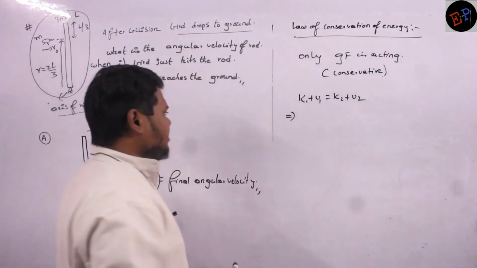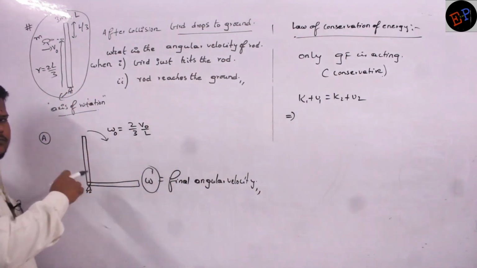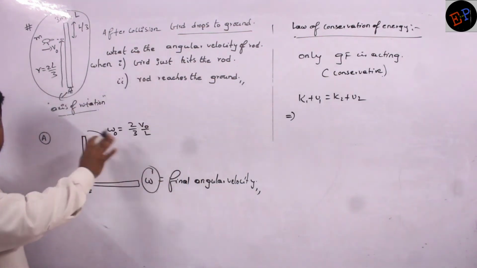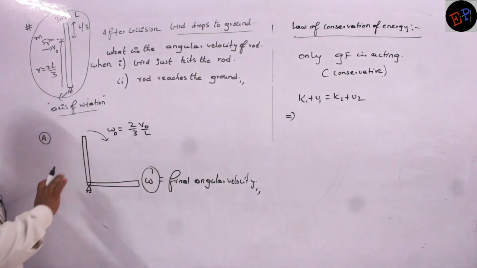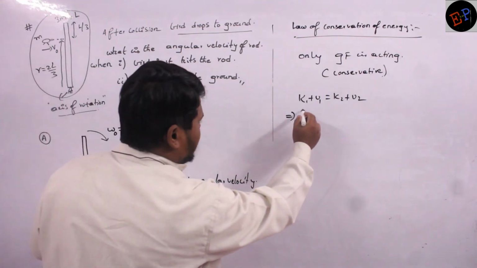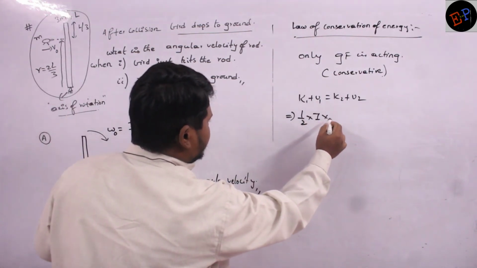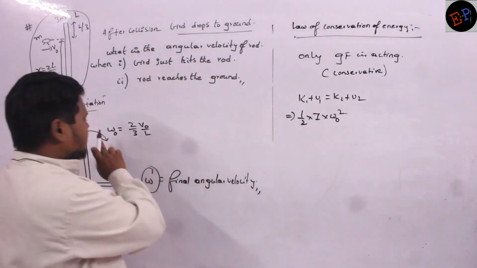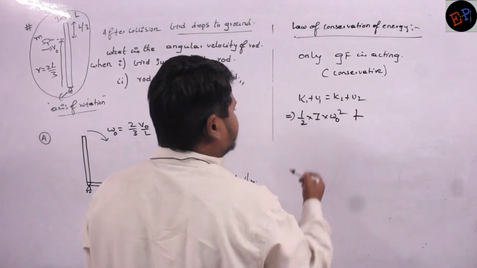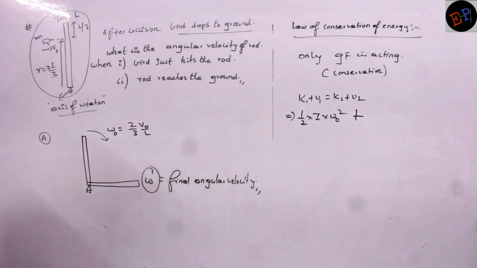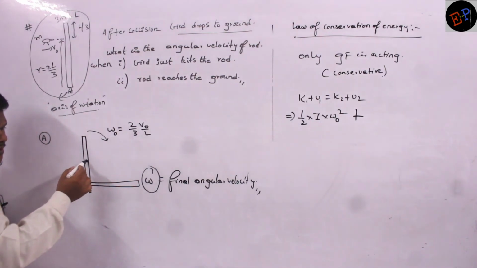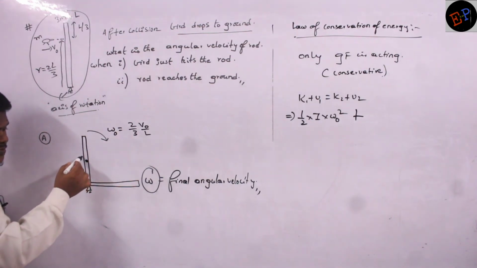So initial kinetic energy of the rod. Kinetic energy means here translational kinetic energy or rotational kinetic energy? Only rotational kinetic energy about this axis. So half I omega naught square, with initial angular velocity omega naught. Initial potential energy is not zero. For this total rod, the total mass will be concentrated at its center of mass.